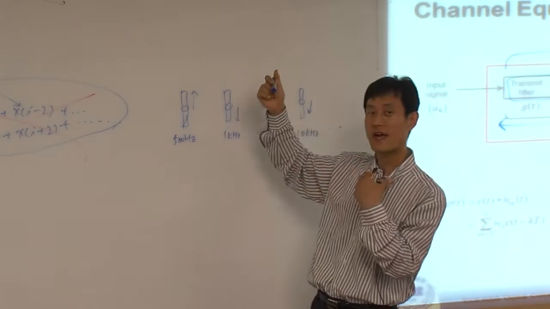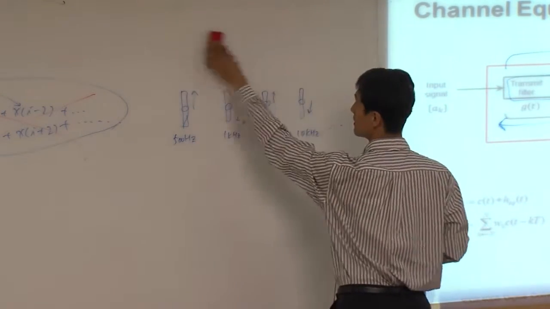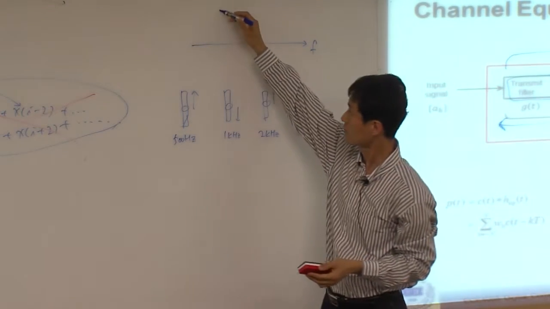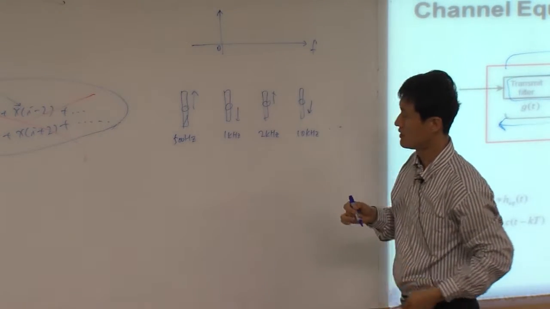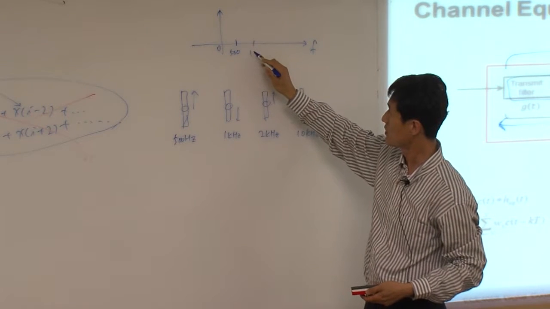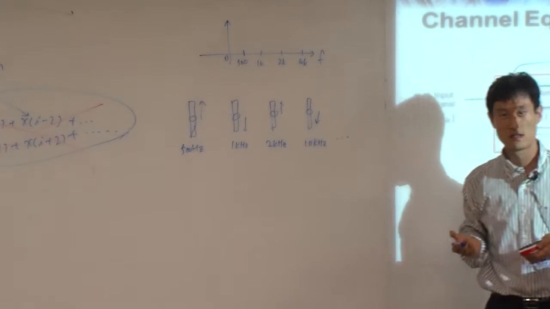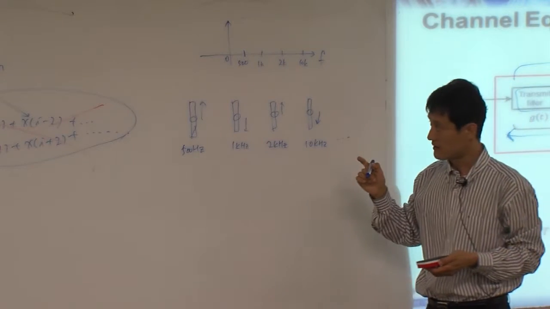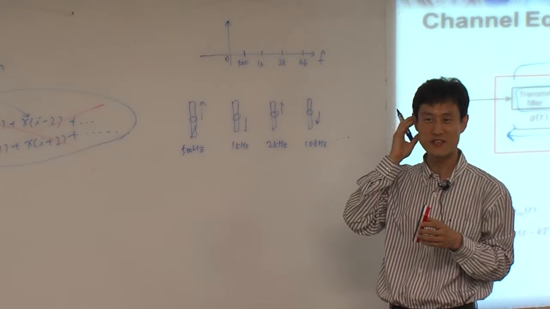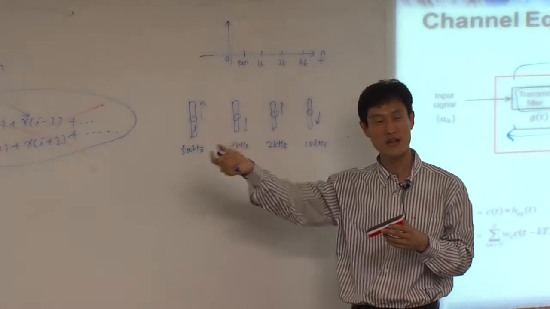Let's look at it from our engineering point of view. Since we look at the frequency and those things all the time, let me draw a frequency domain picture. This is the frequency domain. We have DC, 0. 500 hertz is somewhere here. 500, 1 kilohertz, 2, 10. Just an example, right? Depending on your music or depending on your ear, maybe some people can hear 500 hertz better than others, right?